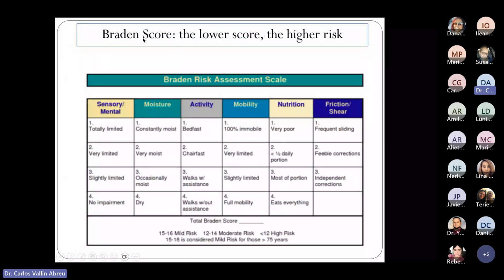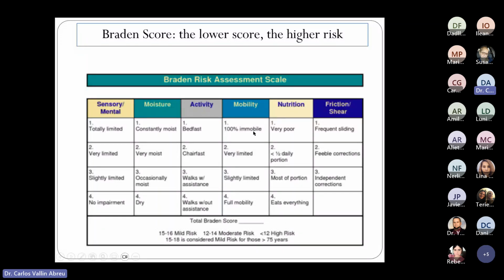by the Braden scale. That is the most commonly used instrument to assess when a nurse admits a client, to determine if the client requires special interventions to avoid pressure ulcers that are 100% responsibility of the nurse, or if it's not necessary.